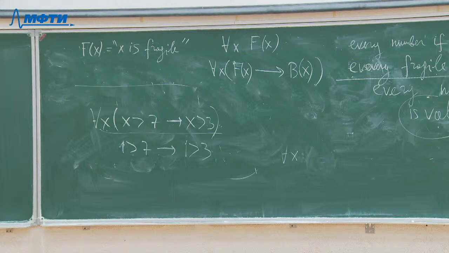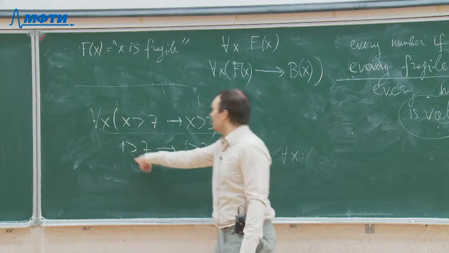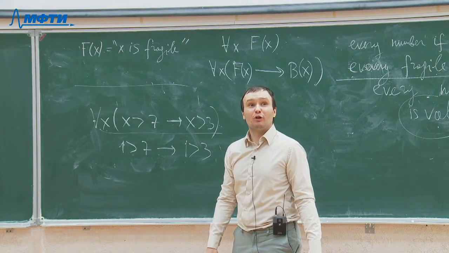It is true. Okay. When is an implication true? When the assumption is false or the conclusion is true. Here the assumption is just 1 is greater than 7. Is it true or false?